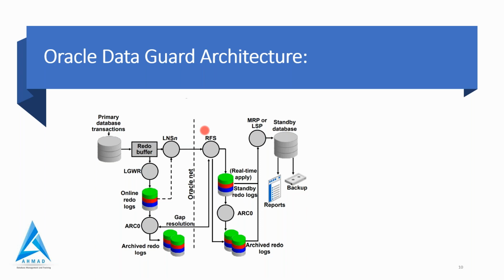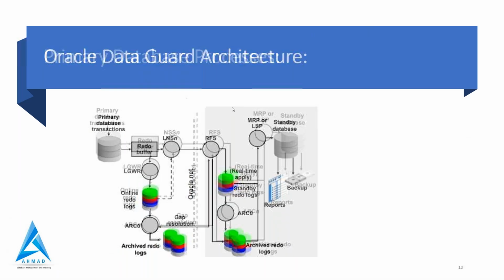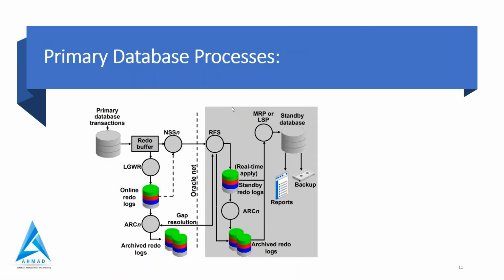By using this architecture, Data Guard minimizes its impact on the primary database. Data Guard uses several processes to achieve the automation that is necessary for disaster recovery and high availability. In the next diagram, I will talk about the processes more.